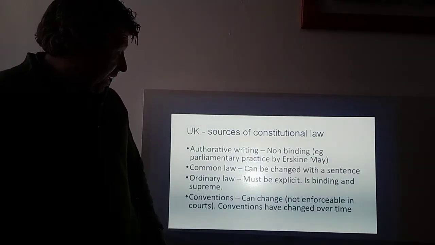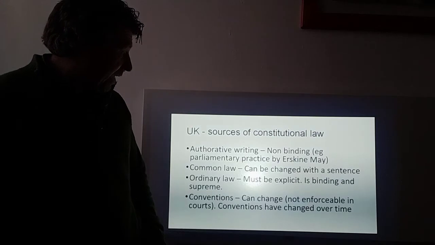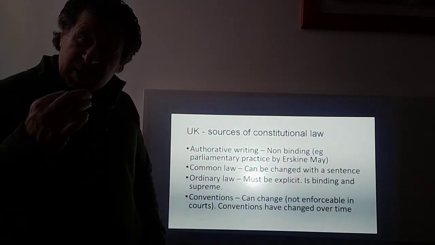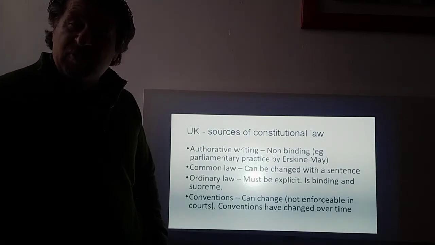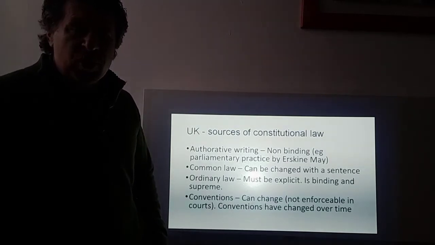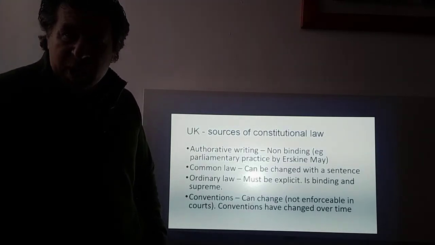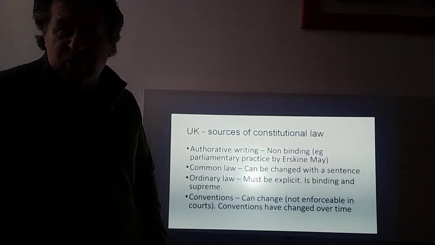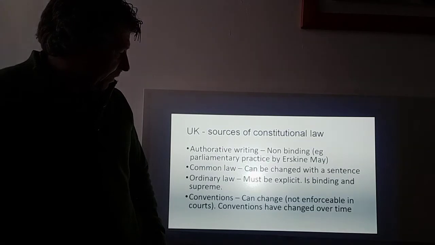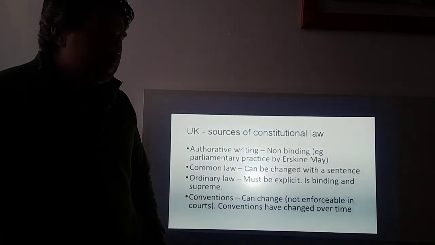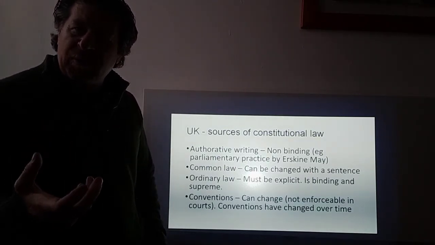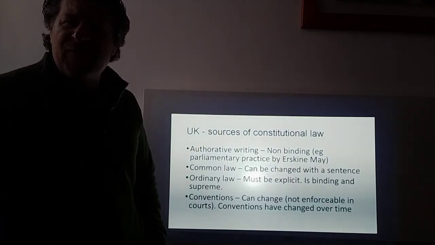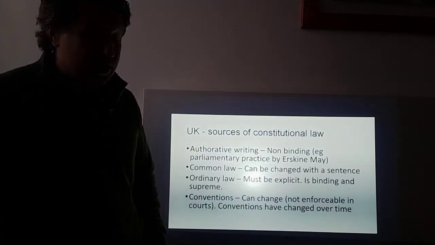An example of authoritative writing is Parliamentary Practice by Erskine May. This was a writer that wrote many books on the Constitution and the Parliament and how it works, and is considered a constitutional document. These documents are often written by experts and considered influential, so they give an indication.